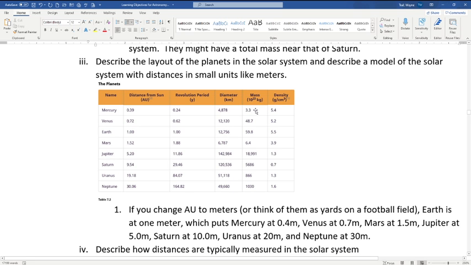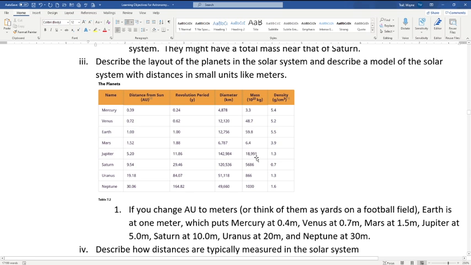You can look at the masses. This is in 10 to the 23rd kilograms. It's a bad unit of mass, but you can just compare them a little bit, right? If Earth is 60, Venus is a little bit less than that. Notice Mercury is about a 20th the mass of the Earth, or something like that. Mars is about a 10th, right?